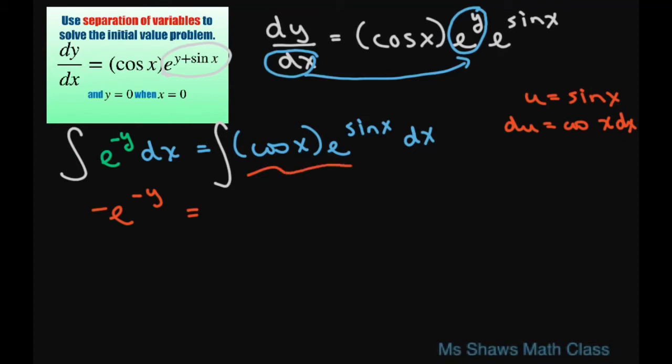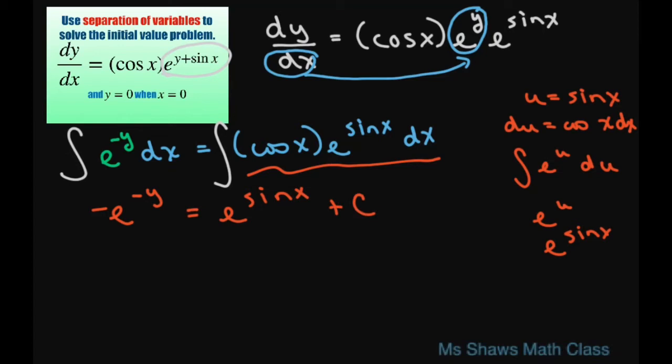So basically this can be written as the integral of e to the power of u du, sorry. So when you integrate this, you just get e to the power of u, and our u is sine of x. So this is just going to be e to the power of sine of x, and you add your plus c.